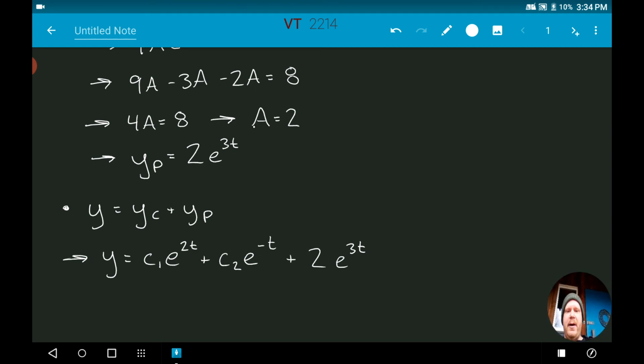What I wanted to point out about this was notice that we didn't have any points in here. We didn't have any y naught equal to y of t naught or anything like that. So we can't solve for c1 and c2, but we didn't need that to solve for a. These coefficients here, you don't need any points to solve for them.